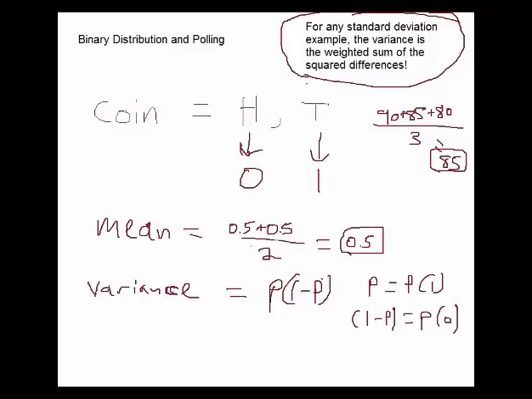So p, for example, would be the probability of tails in this example, whereas 1 minus p would be the example of heads. Which means that the standard deviation, when you're talking about a binomial distribution, since the standard deviation is the square root of the variance, is the square root of p times 1 minus p.